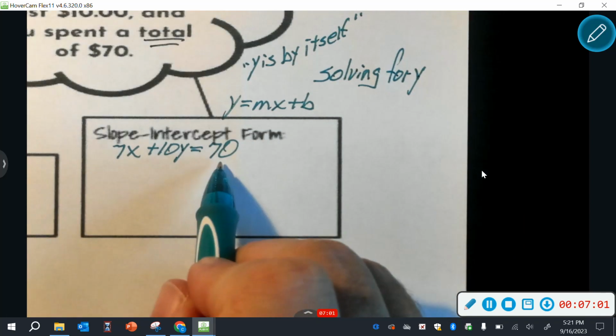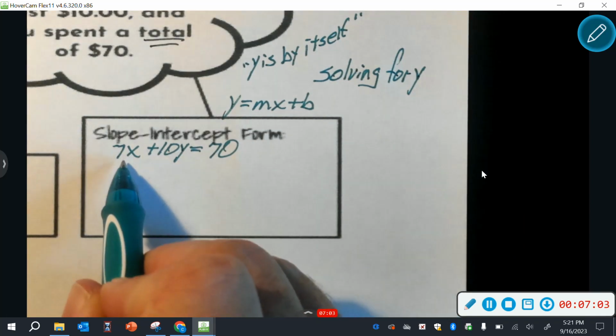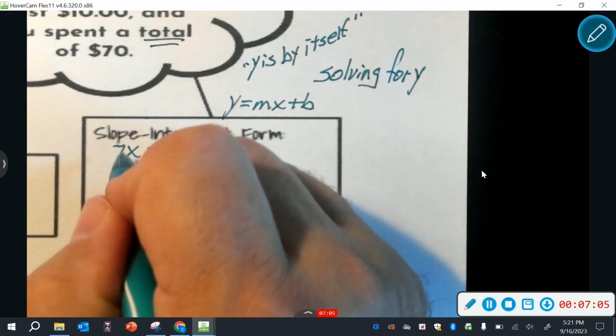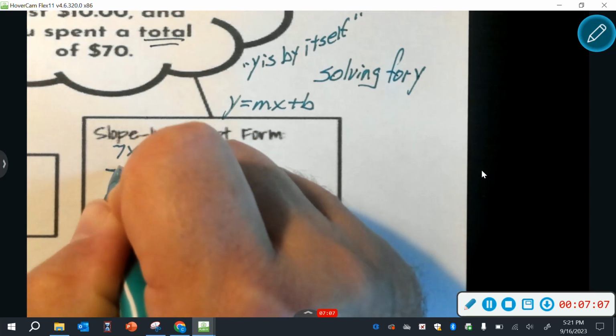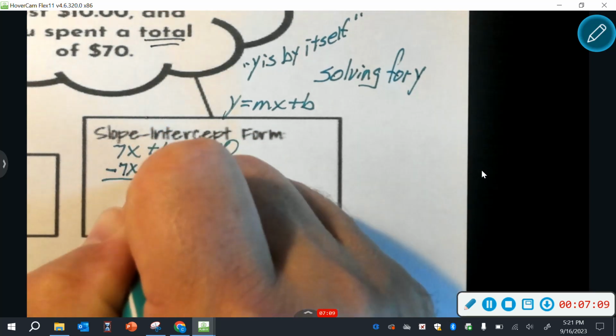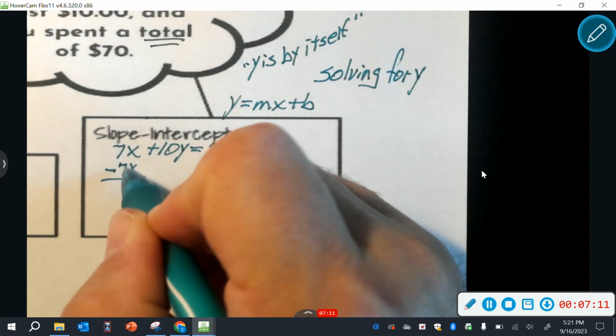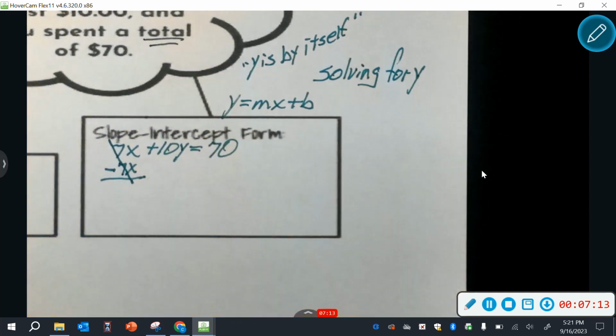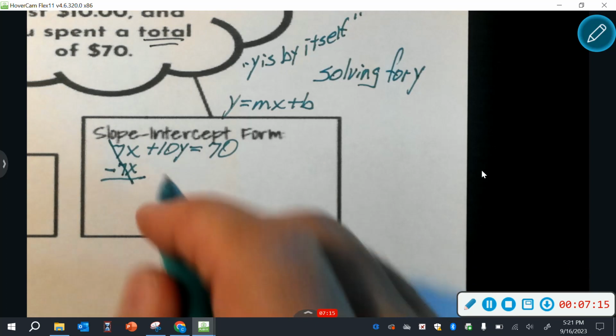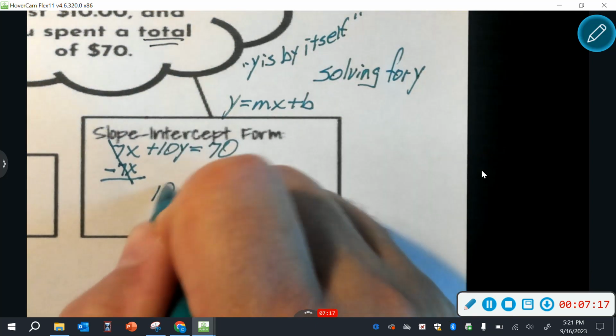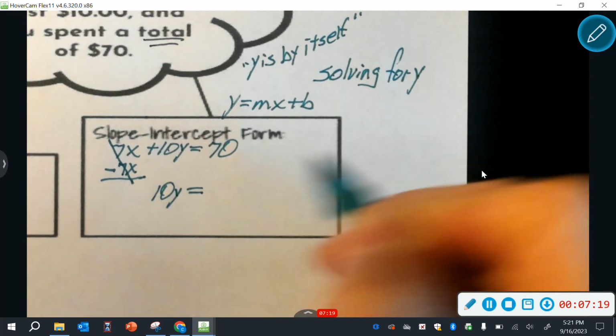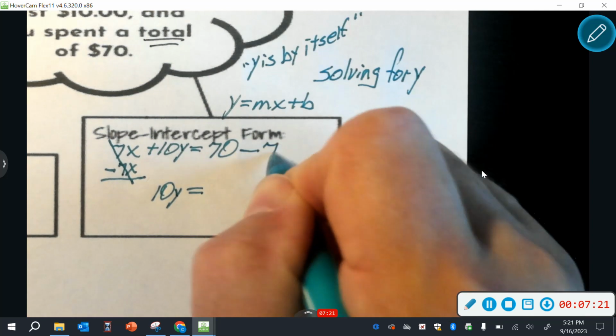Alright, so our first step here, we always want to cancel out the x. So the opposite of 7x is minus 7x. 7x minus 7x gives us 0, so we can cancel that out. Then we're going to bring down the 10y is equal to, oh, and I got to subtract 7x over here as well.